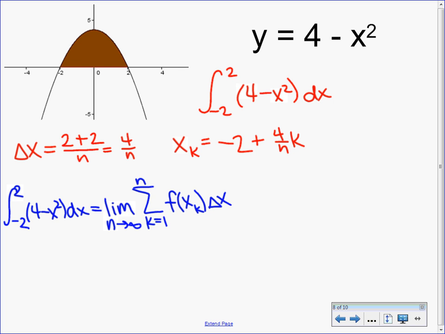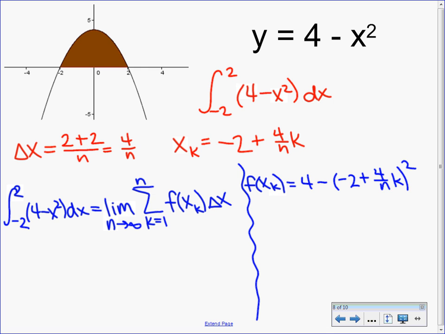This is going to take a little bit of algebra, isn't it? Just a little bit. Because we're taking negative 2 plus 4 over n k and we're plugging it into 4 minus x squared. So we have 4 minus negative 2 plus 4 over n k, quantity squared.